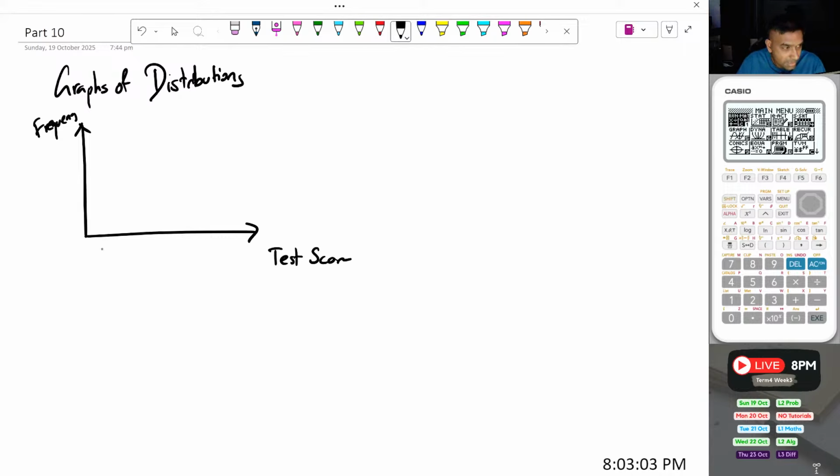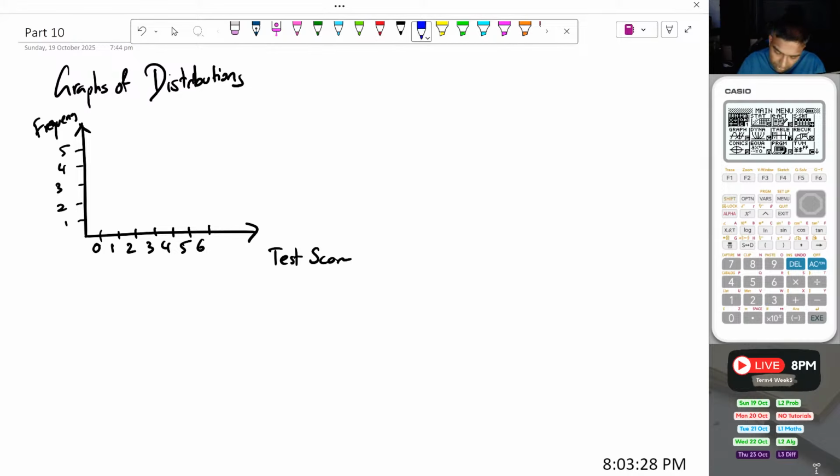You get little blocks, for example 0, 1, 2, 3, 4, 5, and 6, and you pretty much have a frequency table, with frequencies 1, 2, 3, 4, 5.